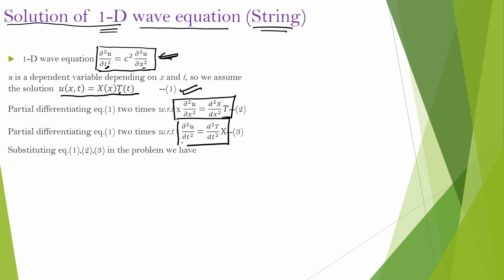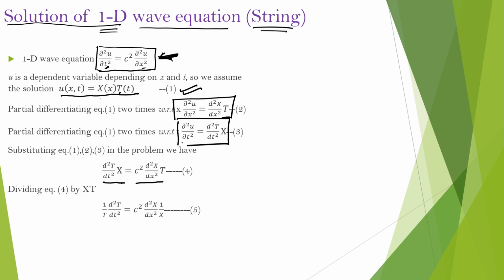Substituting equations 2, 3 and 1 in the given string equation, we get d square T by dt square times X is equal to c square d square X by dx square times T. Now, separating the variables, we divide this equation by XT.